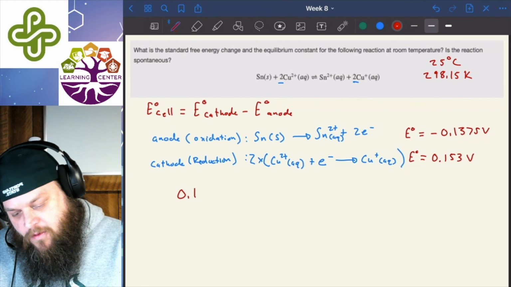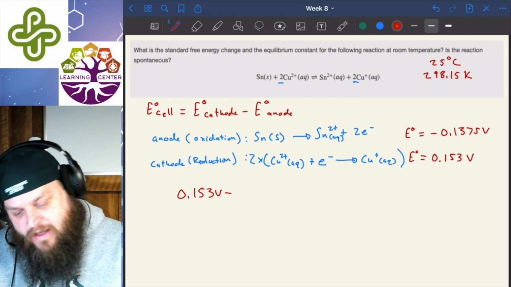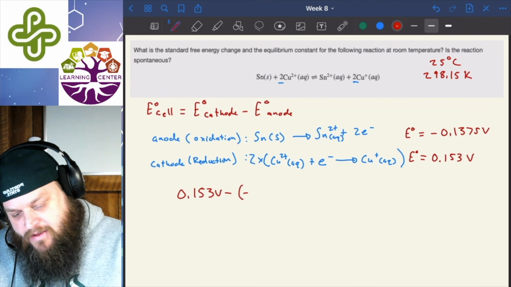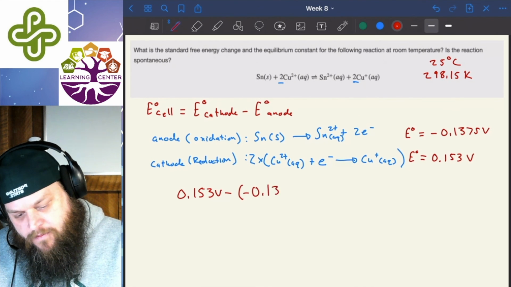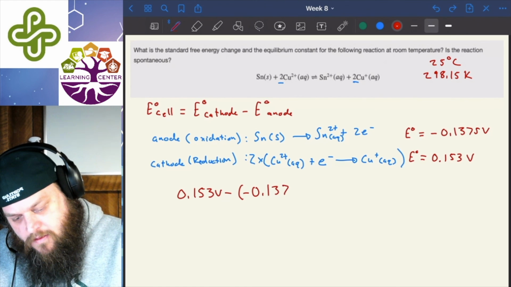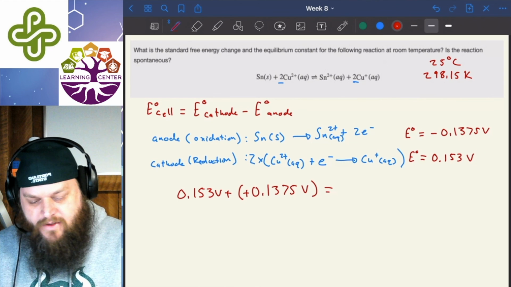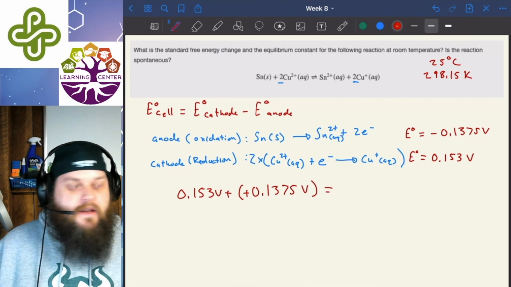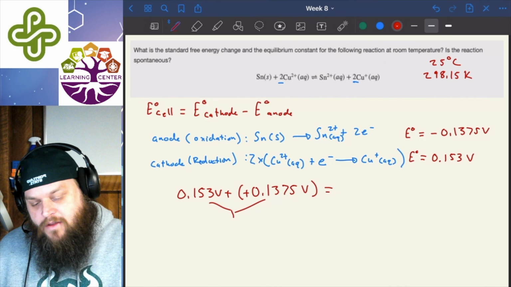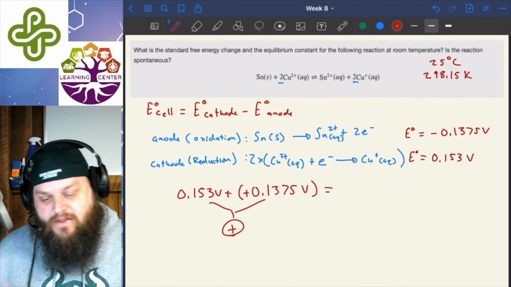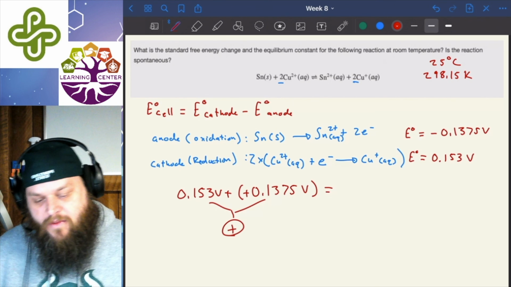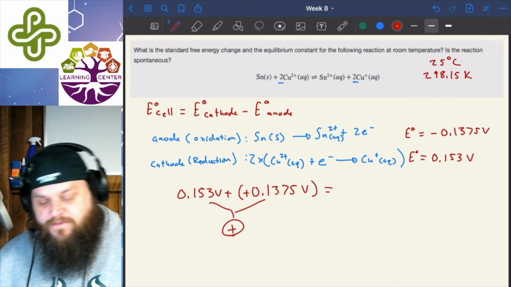So that's going to be 0.153 volts, the cathode potential, minus a negative 0.1375. That minus the negative is really going to make this a positive. We distribute that negative in, which gives us a positive value. This is going to be a positive value, so right there I know it's spontaneous. So this reaction is going to happen without too much extra help from us.